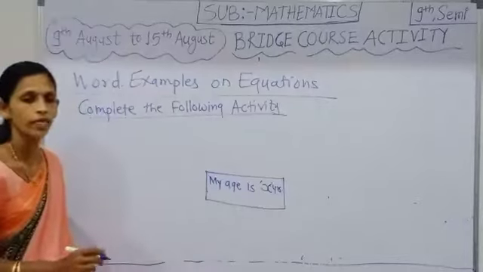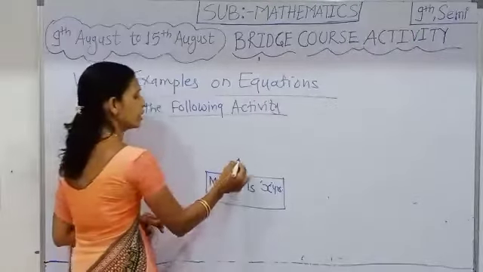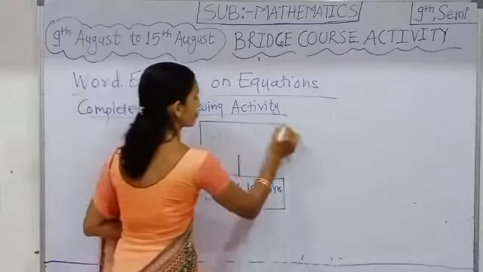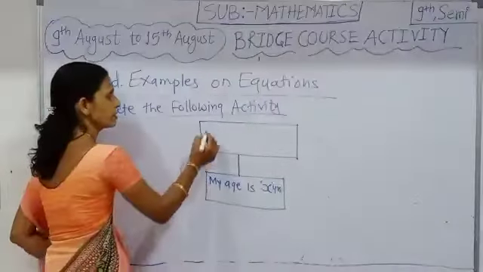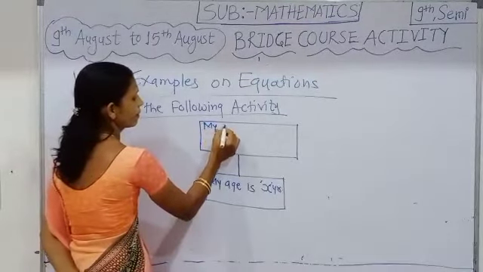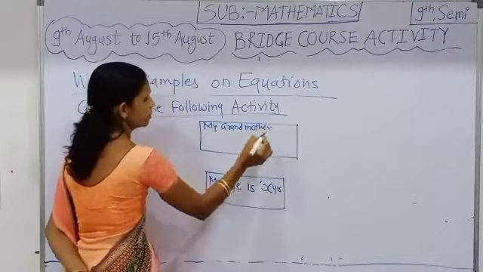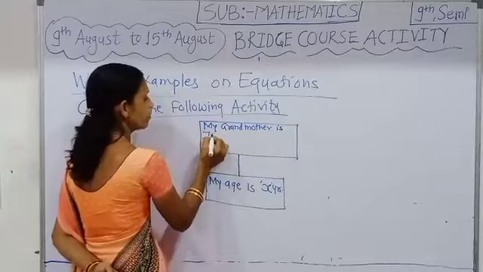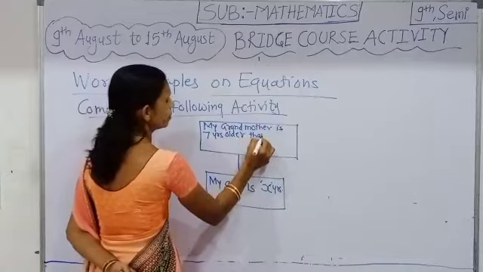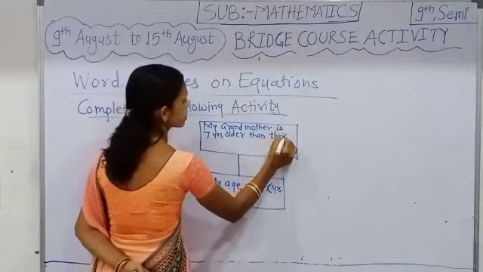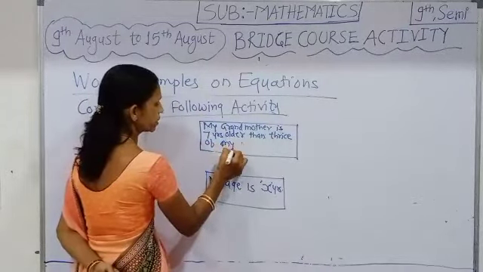From that we can prepare a few more equations by observing the conditions. My grandmother is 7 years older than thrice my age.